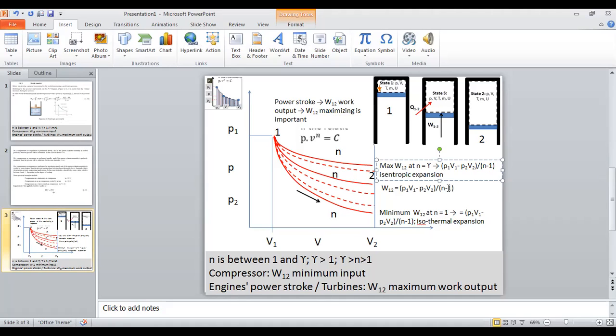So in between 1 and gamma generally the reality lies, the actual case lies in between gamma and 1.